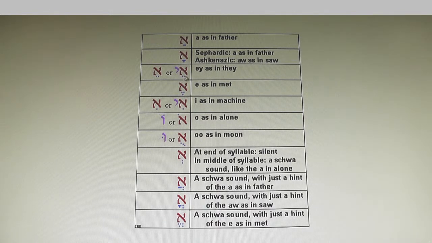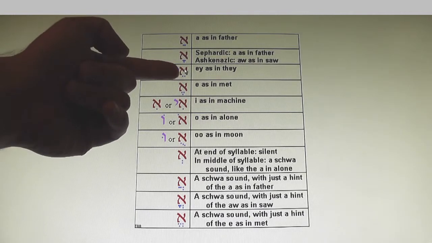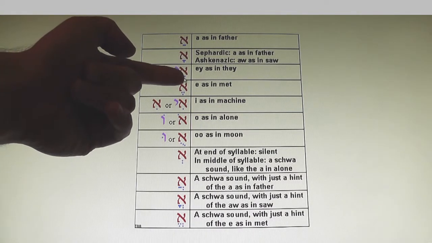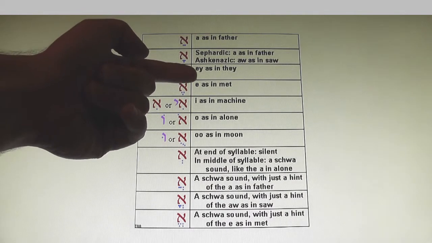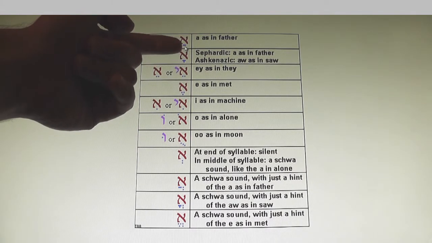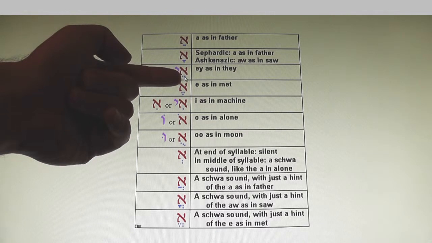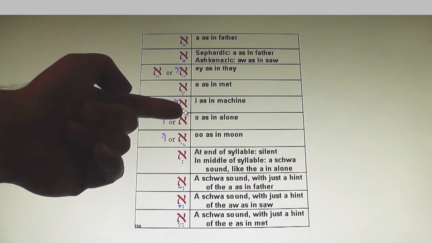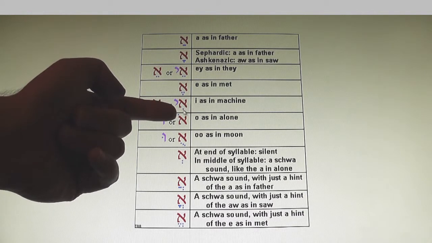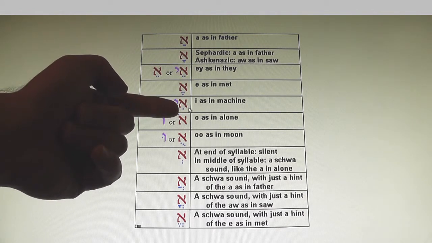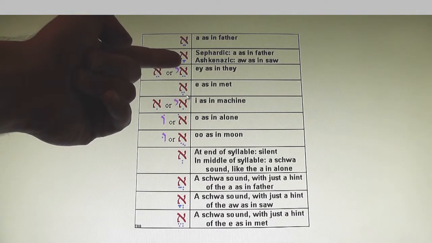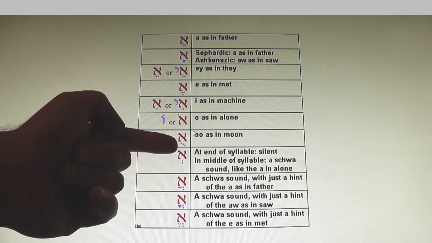And this, the same letter, if you have two dots below it, you will read it differently. If you have one dot, one point below the letter, you'll read it as E.